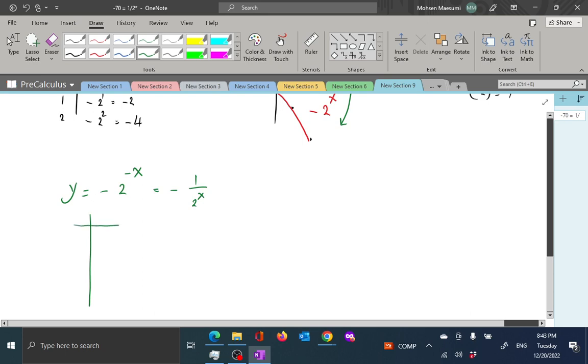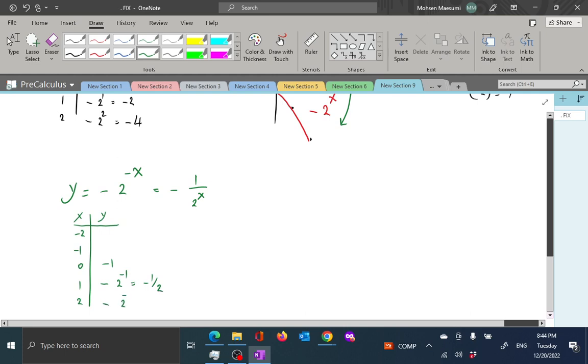So if I have my x and y now, again, let's take 0, 1, 2, minus 1, minus 2. At 0, 2 to the power of 0 is 1, and here I get minus 1. This is minus 2 to the power of minus 1. It's going to be minus a half.